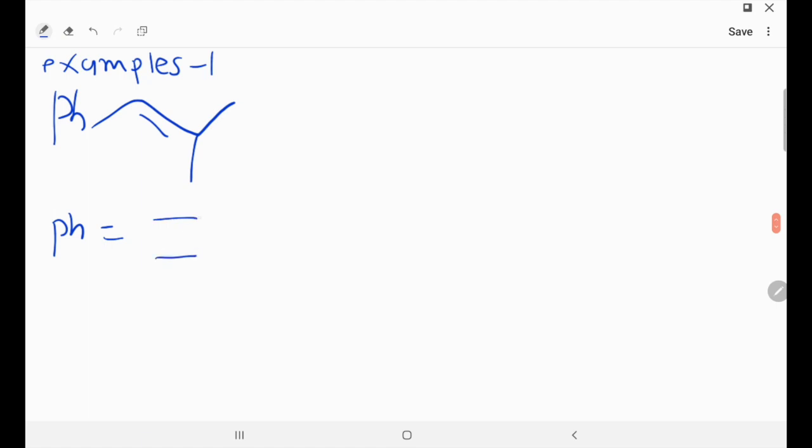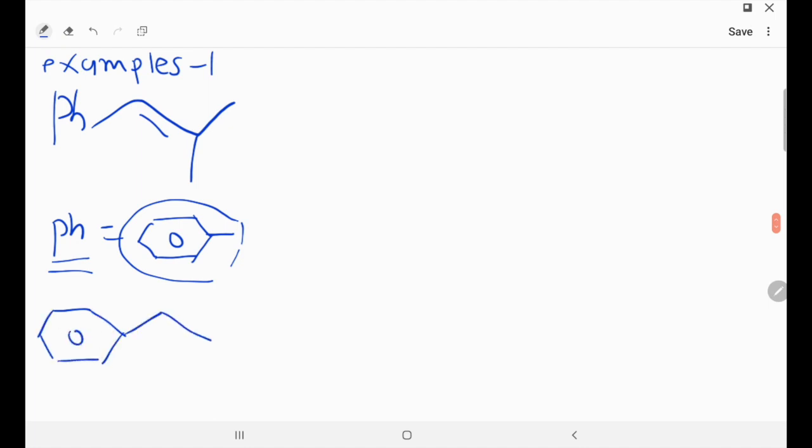Suppose you don't want to show this particular ring, then you can write Ph instead of showing this ring. So in some books you will find Ph instead of this particular ring, it doesn't matter.